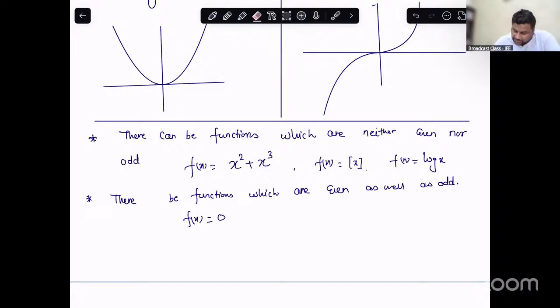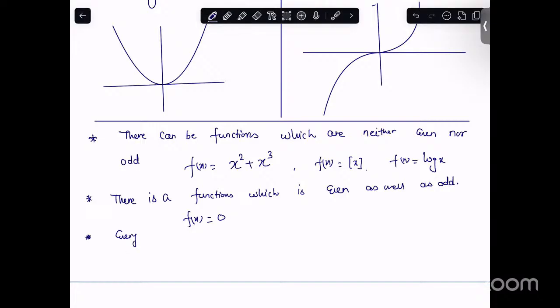I should not write there can be; there is a function which is even as well as odd, and this is the only function which is even as well as odd. That is fx equals 0. Am I correct? Understood? Yes, sir. Lakshmi, are you saying something?